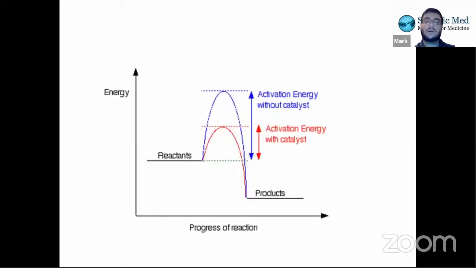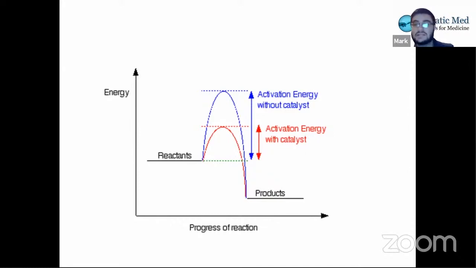Okay. Reminder that all enzymes are catalysts. An enzyme just means that it's a catalyst that shows up in our body. It's a biological catalyst. So all enzymes do this, right? All enzymes have this as their primary function, which is to speed up biological reactions.